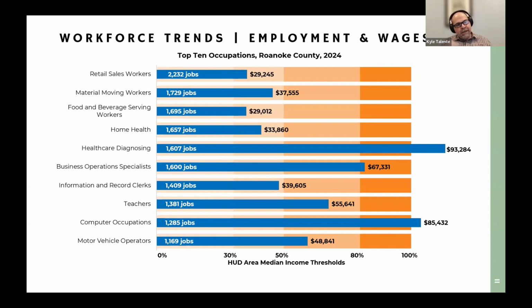And why this is important, as you saw a couple slides ago, is when households that are moving into the community are in large part earning at or above $100,000, they're setting the market, if you will, for what housing is going to cost. But the vast majority of jobs that we have here in the county don't pay enough to compete in that marketplace.